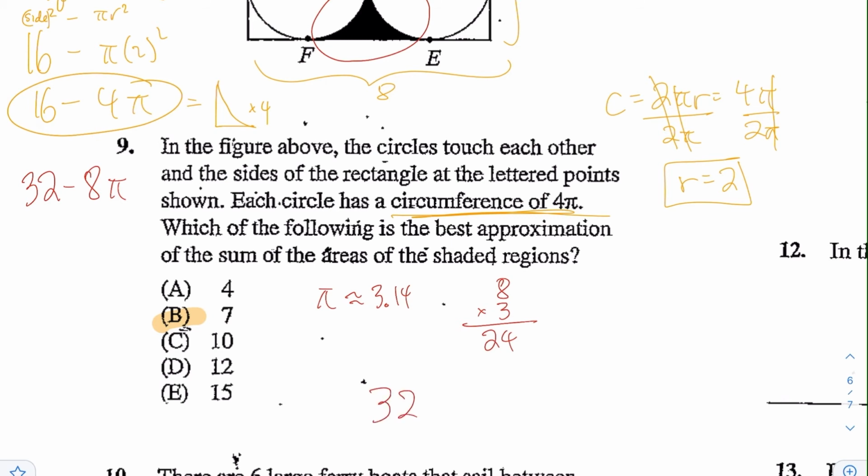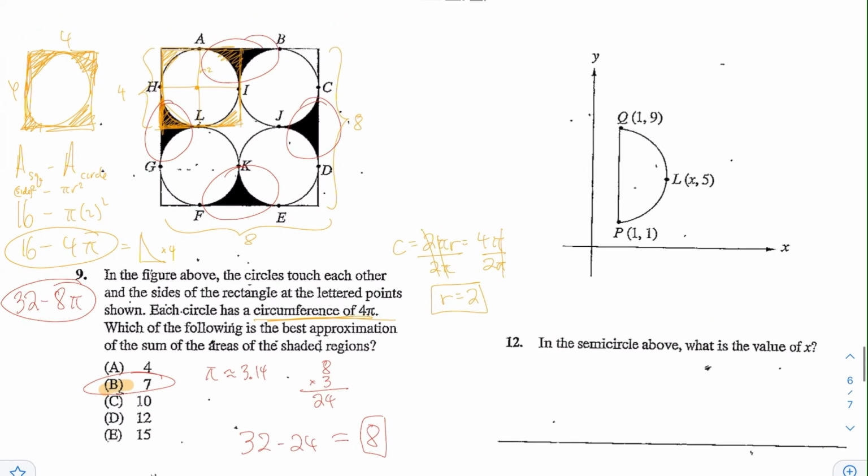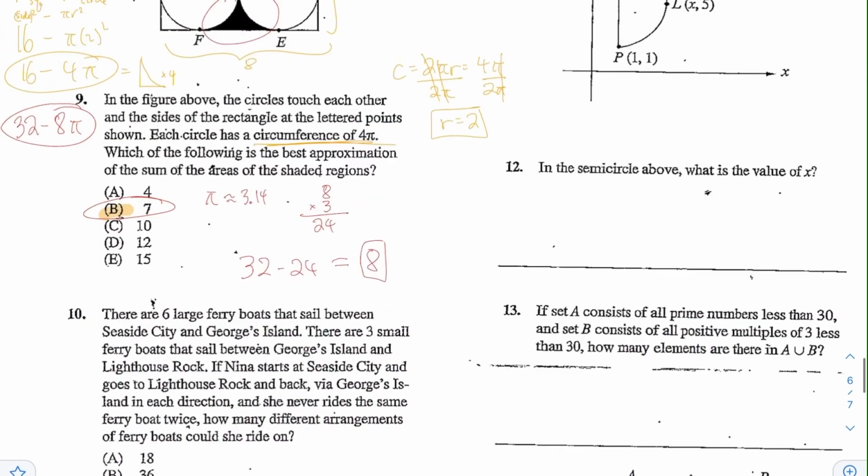And 32 minus 24 is going to be 8. So the answer is going to be close to 8, a little bit less than that, and that's choice B. Again, you can use the fact that the area of the square minus the area of the circle will give you that approximate shape. And you are estimating there.